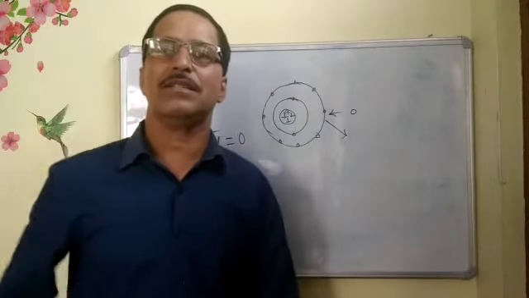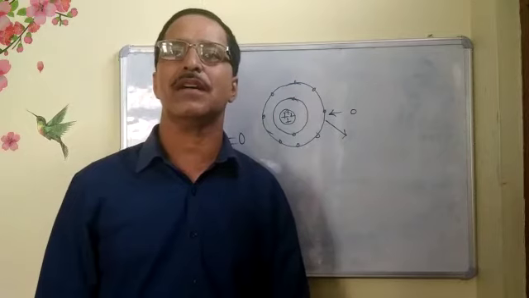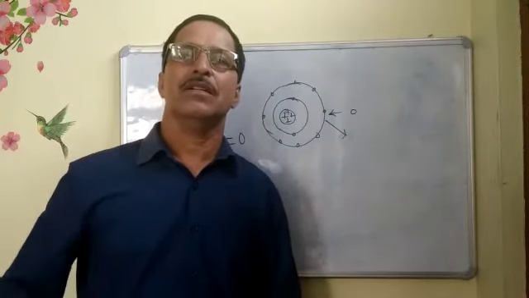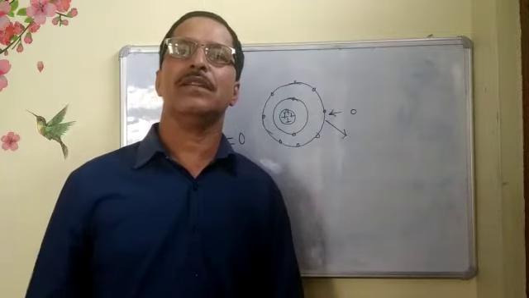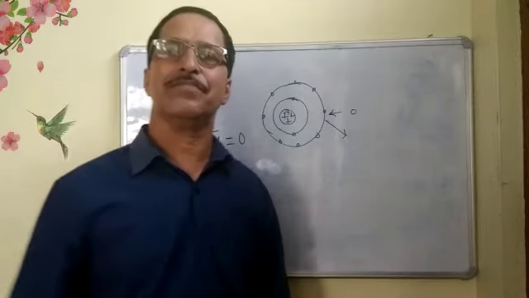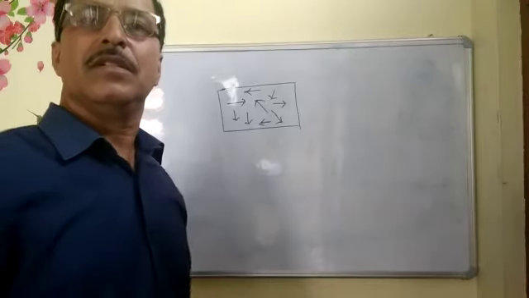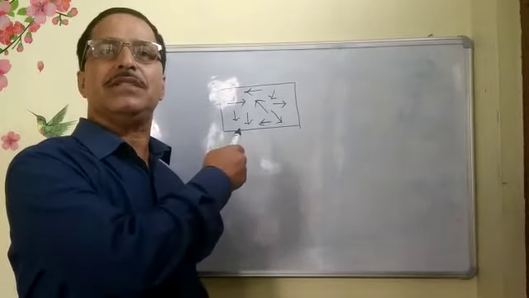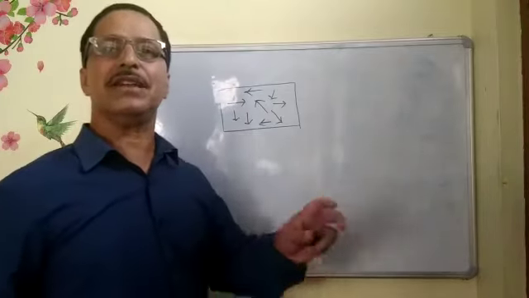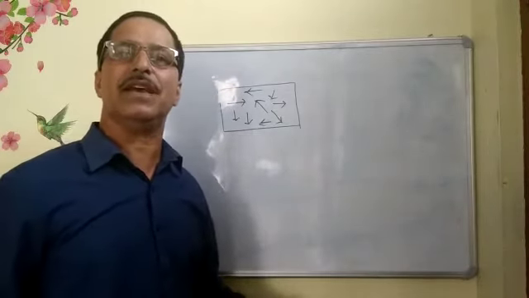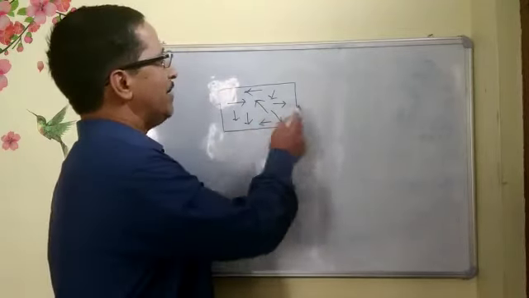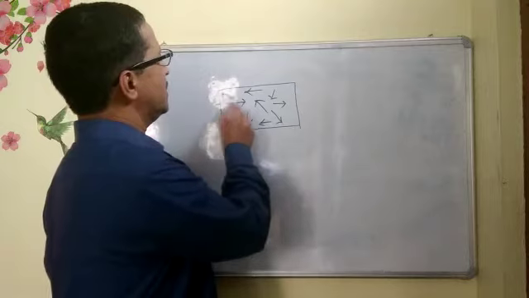Thus we say that there is no electric charge flowing through that piece of metal, and therefore there is no electric current through that metallic piece. This situation is represented here in this diagram, in which different electrons are moving in different directions with different speeds, and the average of their velocities is zero.